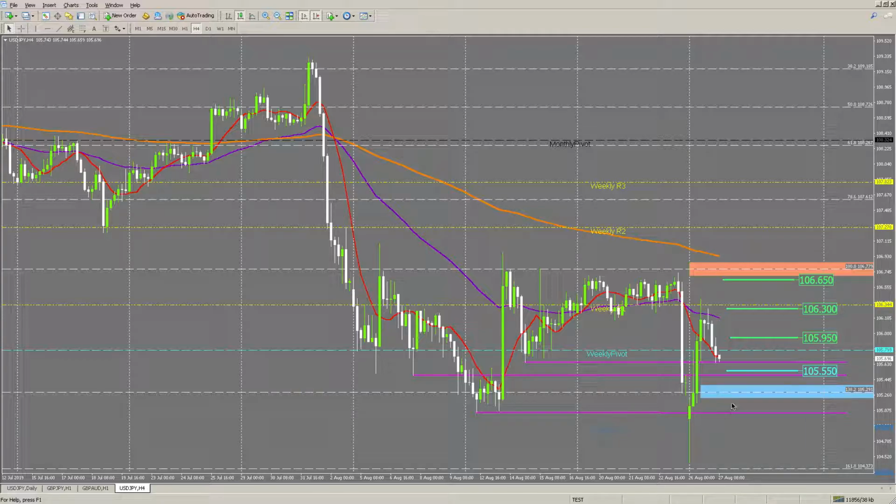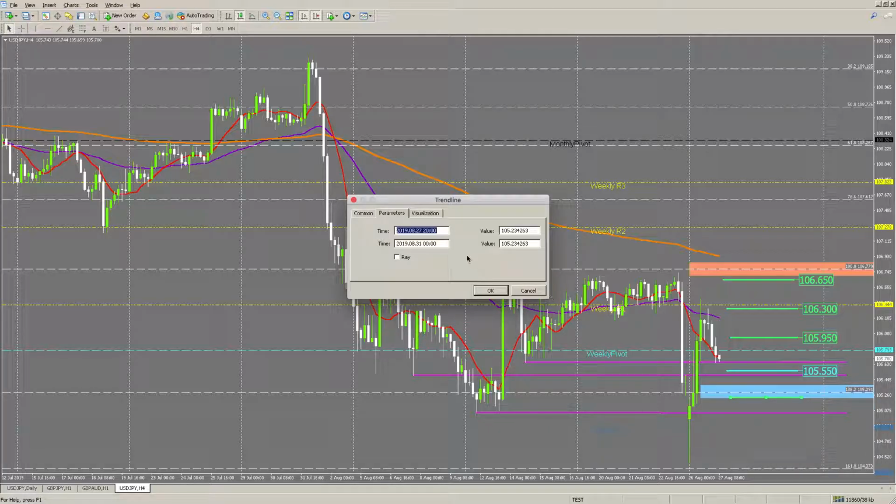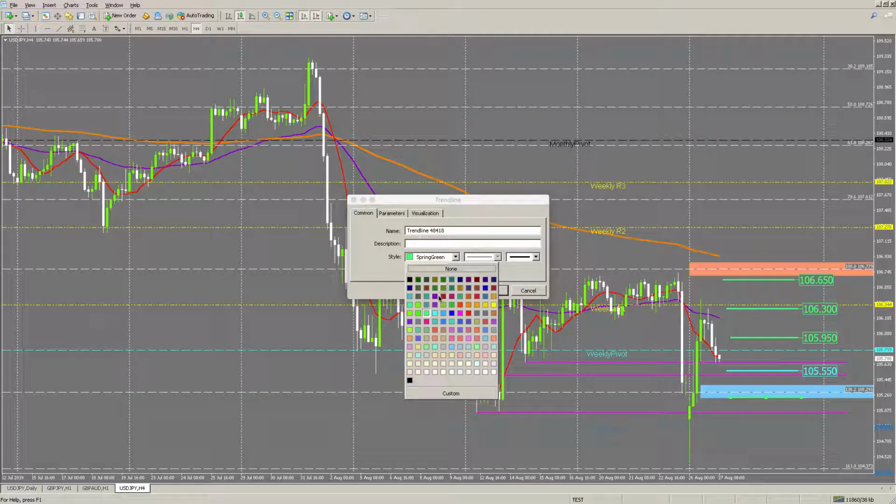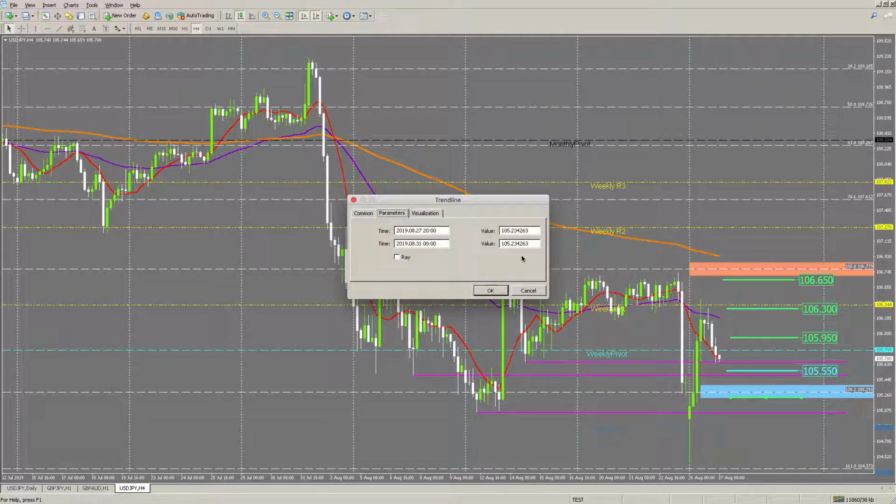And we also need to place the stop loss just below the 138 Fibonacci level here, and let's set this 30 pips below, so about 105.25.